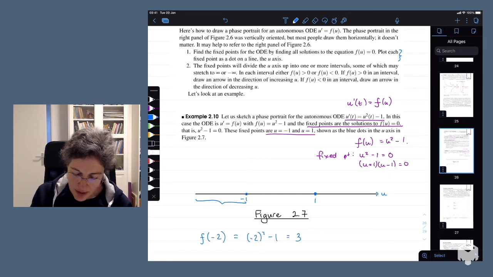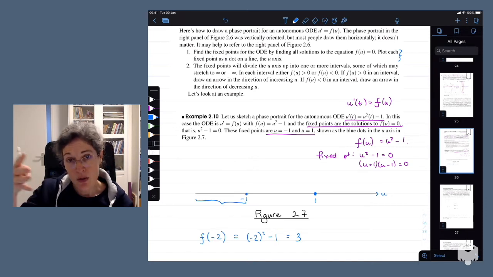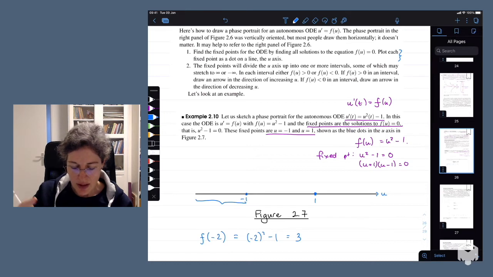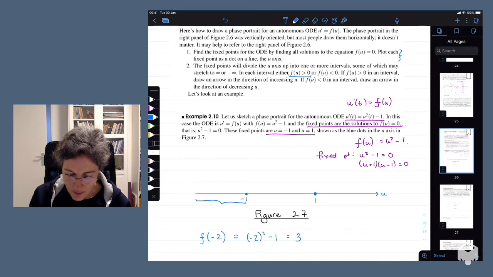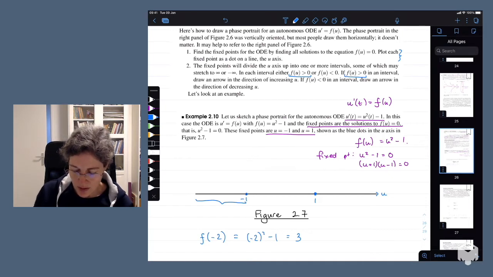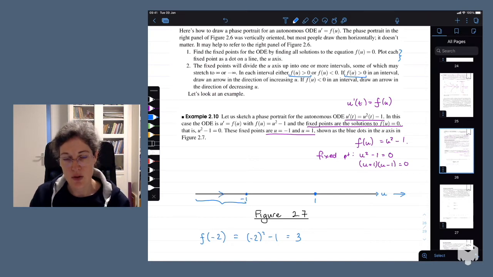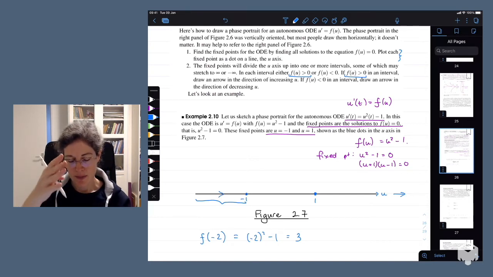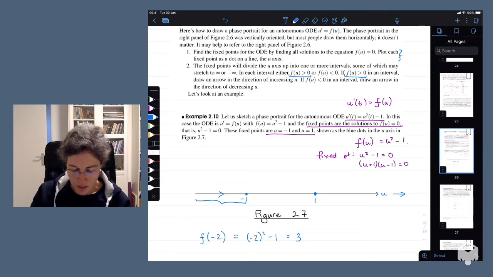If we look at our instructions, in each interval, if we're not at one of our fixed points, our function is either increasing or decreasing. Here f of u is increasing in this interval, so draw an arrow in the direction of increasing u. So u is increasing in this direction, so this says that if your solution starts over here, it's going to tend towards the minus 1 fixed point.